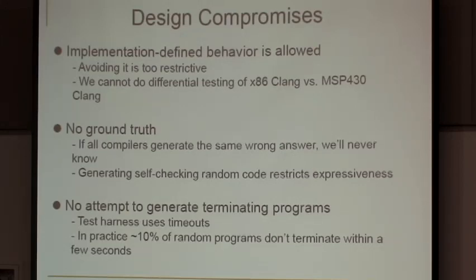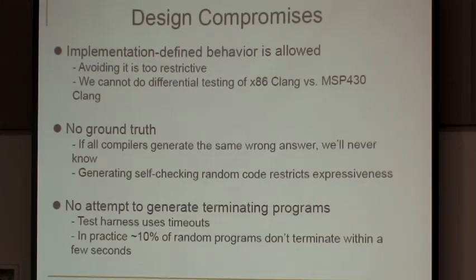The first compromise we make is we allow implementation-defined behavior in the random code, which means things such as the size of an integer could be 8 or 16, depending on which compiler implementation you are using. This means we cannot do differential testing across platforms, but this is okay for us because we did most of our testing on x86.